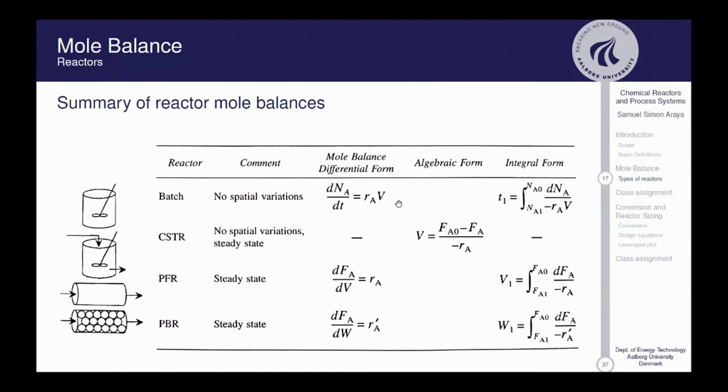In a CSTR, instead, we have a volume, and we can find the volume by subtracting the flow out of the reactor from the flow into the reactor and dividing by the rate of reaction, provided that we know our rate of reaction as a function of the conversion, which we will talk about in the second part of this lecture.